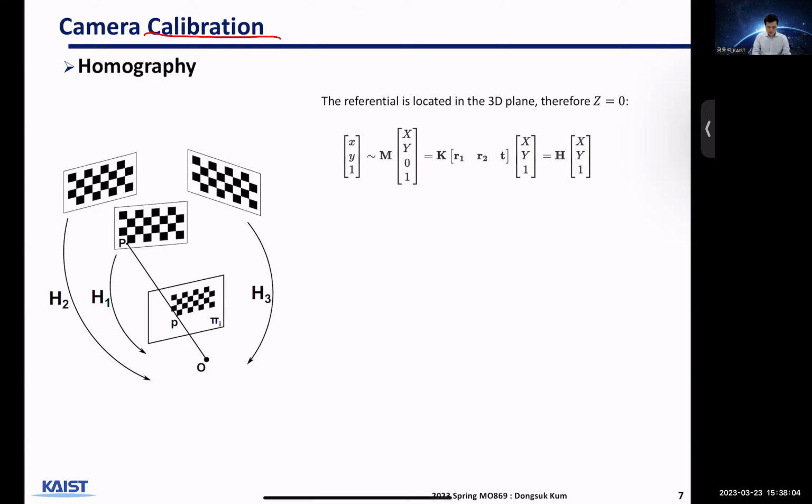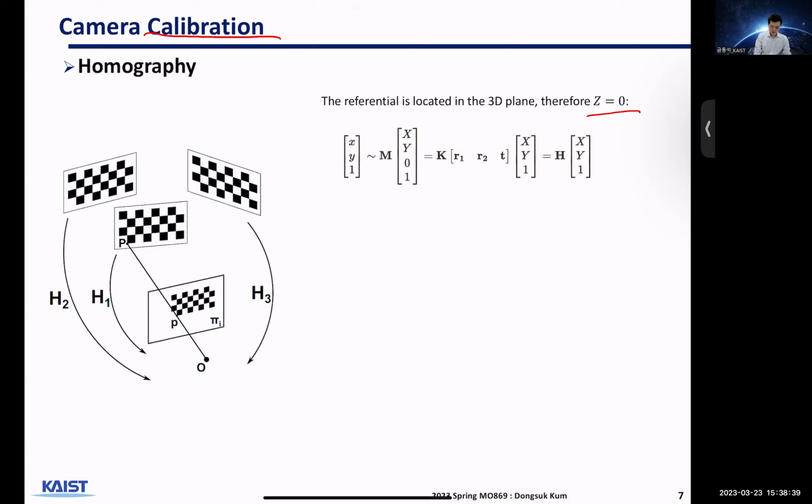The referential is located in the 3D space, and if we use a checkerboard, a 2D plane in 3D space, then Z would equal 0. Points that are on that checkerboard would have the same distance, okay?